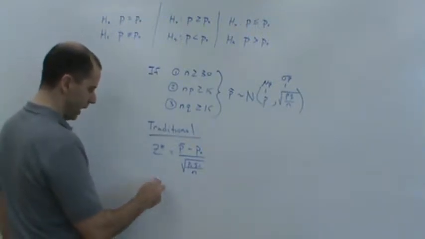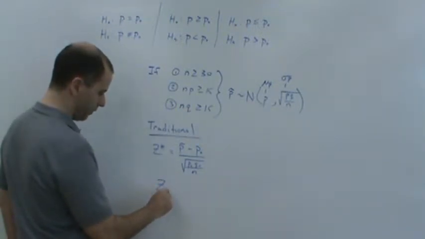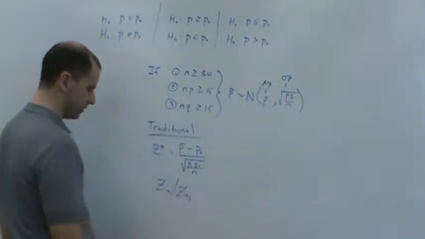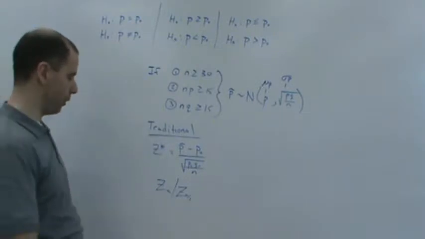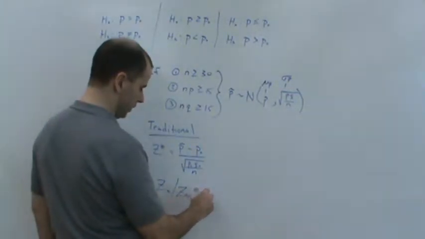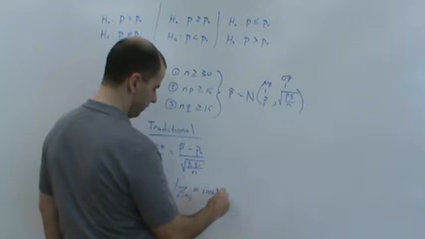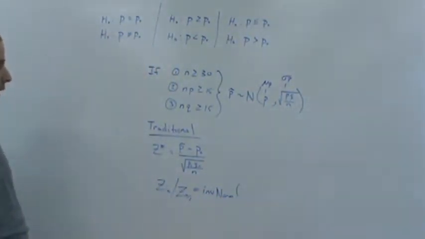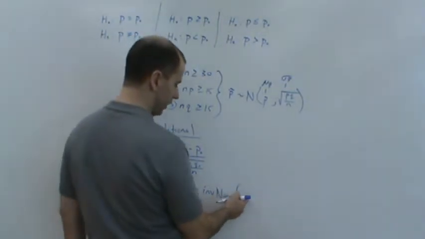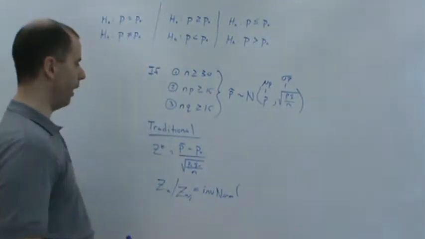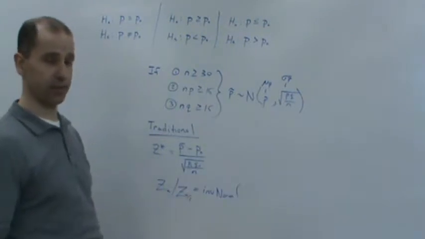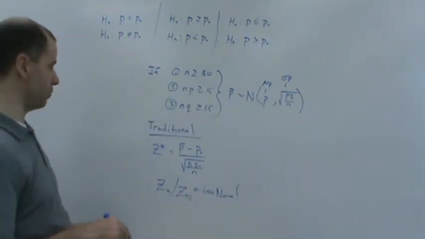And then of course, how do we get our z alpha, or z alpha divided by 2 if it's a two-tailed test? The same way we did before with the mean, just using inverse norm, okay? But just make sure that we have the correct area to the left, right? And that comes from our alpha, and comes from the alternative hypothesis. The alternative hypothesis tells us what test to run.